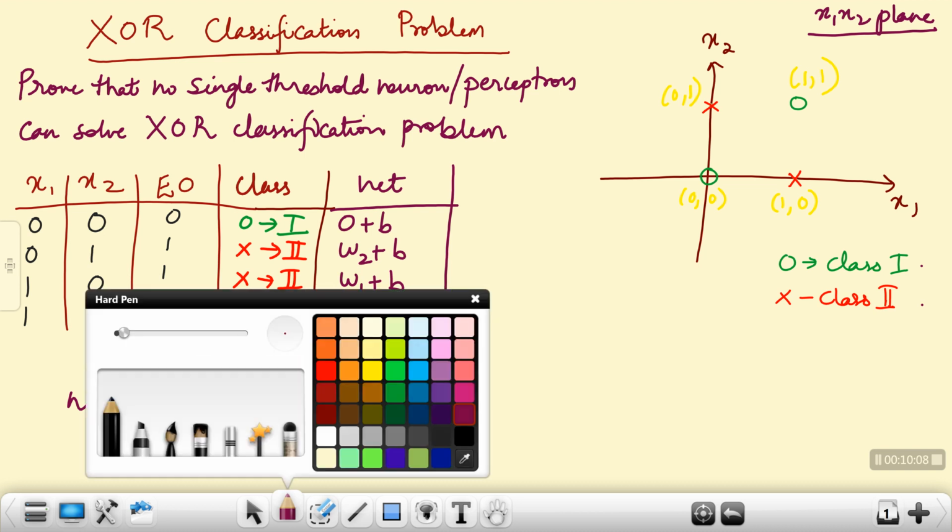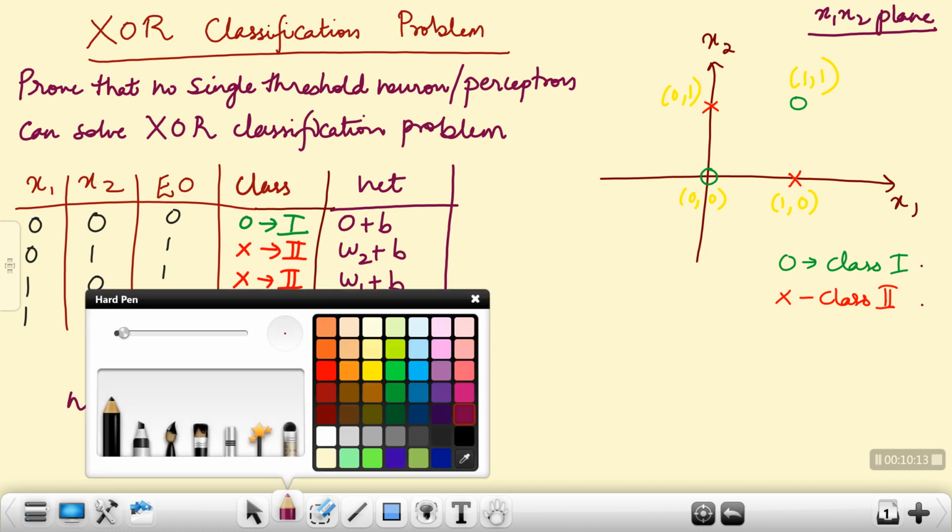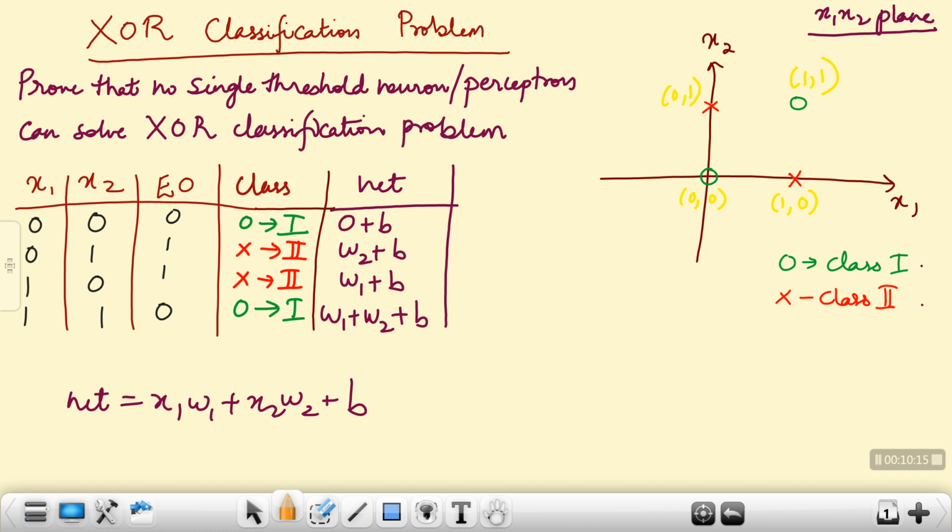Now in the first case the expected output has to be 0, so the net value has to be less than 0. In this case also the expected output is 0, so it should be less than 0. Whereas in these two cases the expected output is 1, so w2 plus b should be greater than or equal to 0 and w1 plus b should be greater than or equal to 0.